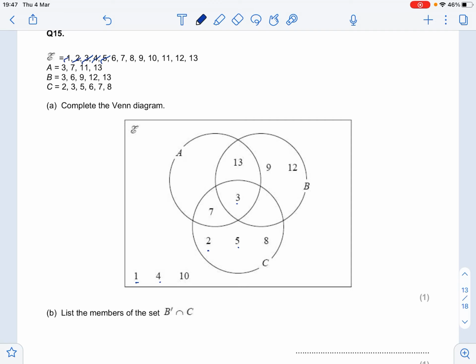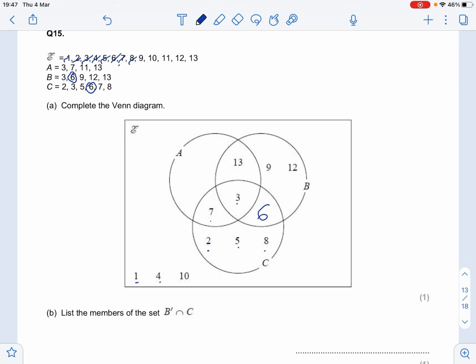Do we have 6? No, we don't have 6, so we need to put 6 into the Venn diagram. So where do I have 6? So I have 6 in B, and I have 6 in C. So I need to put my 6 here because it's the intersection between B and C. I have 7.